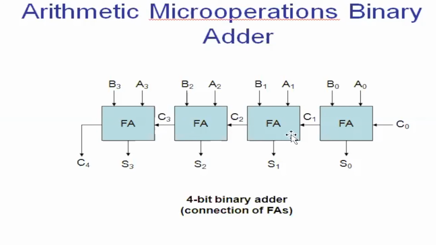It could be the first, second, third, or final stage. If it is the first stage, there won't be any input carry, but there will be an output carry. If it is an intermediate stage, there will be an input carry and an output carry. And if it is the final stage, there will be an input carry, and the final carry is the end carry.